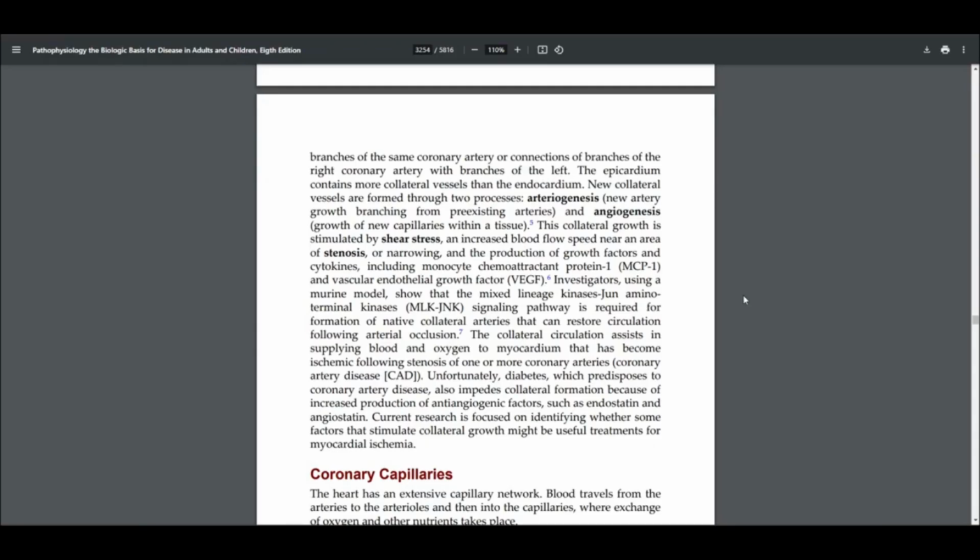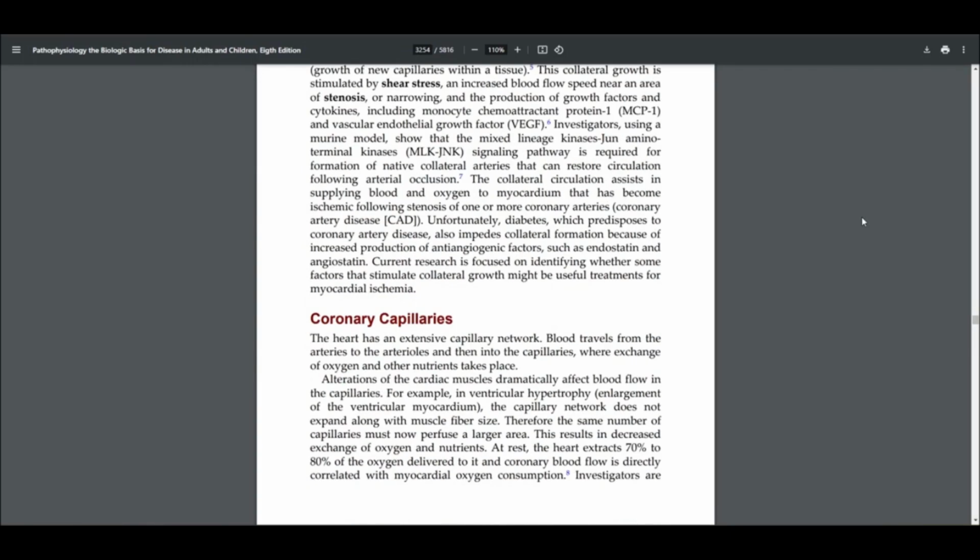Our collateral arteries. Whereas when you are young and have a heart attack, you don't have the time and your body didn't have the chance to create that collateral circulation to assist.